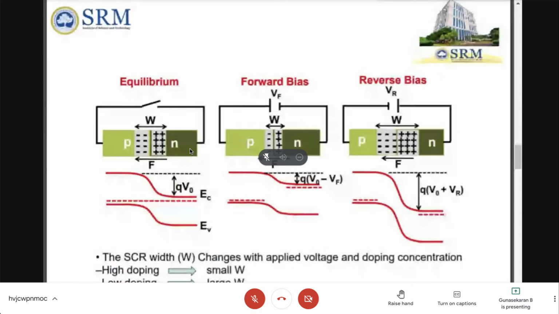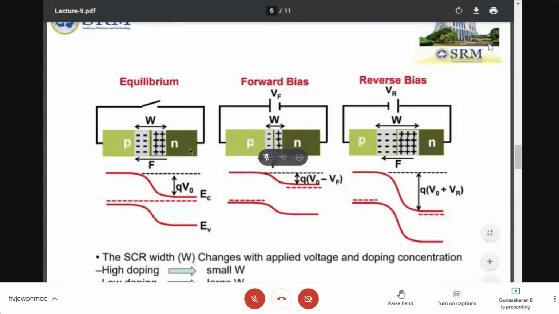VR means reverse voltage, VF forward voltage, forward bias and reverse bias voltage. Say yes or no, please. Yes sir, VF, the forward voltage and reverse voltage are mentioned there. The dotted lines indicate the Fermi energy, that is the Fermi level. See whether you understand this diagram.